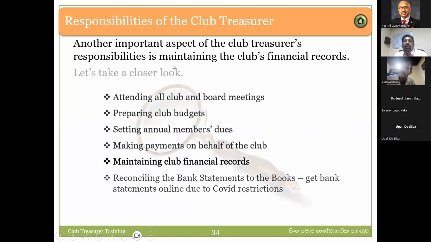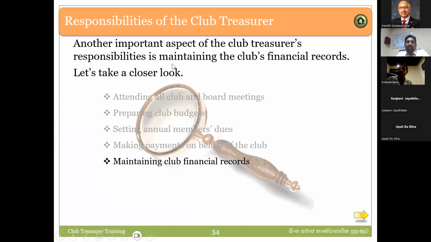So another important aspect of the club treasurer's responsibility is maintaining the club financial records. As a treasurer, you are responsible for maintaining all the financial transactions.